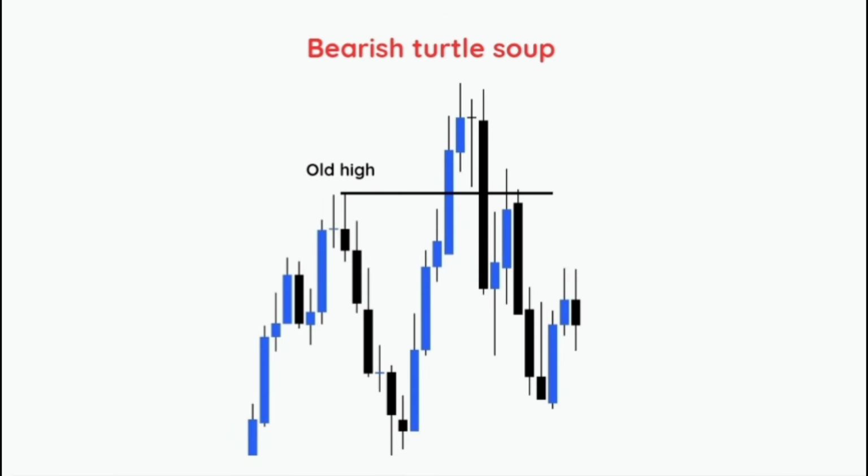This is an example of a bearish turtle soup, and from this image you can clearly see that the old high was purged and the market moves towards the downside.